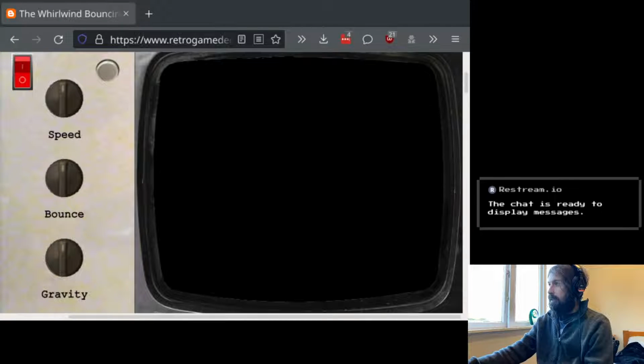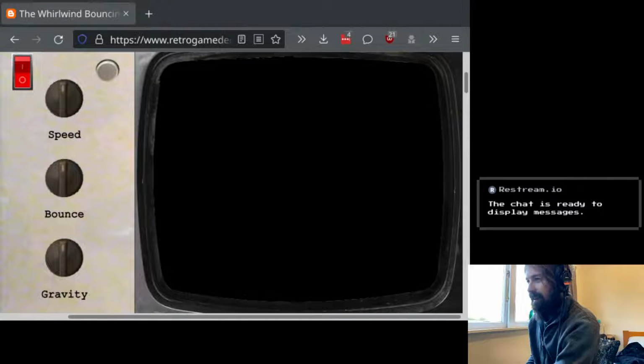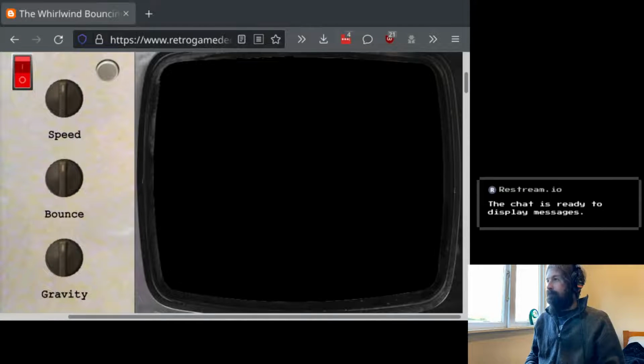What we've actually got here is a JavaScript simulation of Bouncing Ball, or what the people at the Retro Game Deconstruction Zone, I think it's called, think that Bouncing Ball was.